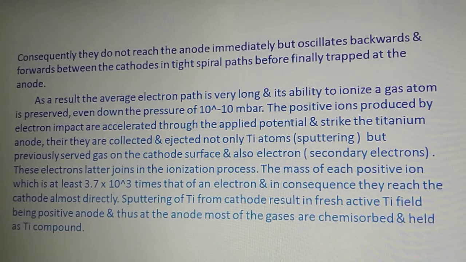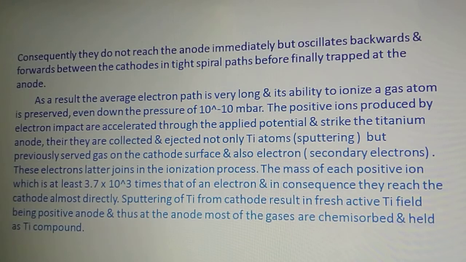So the positive ions produced by electron impact are accelerated through the applied potential and strike the titanium cathode, and there they are collected and eject not only titanium atoms, which is called sputtering, but also previously sorbed gas on the cathode surface, and also electrons.